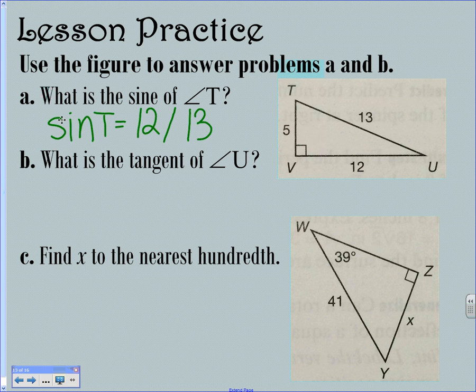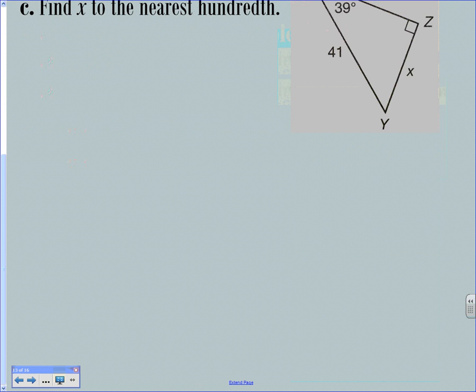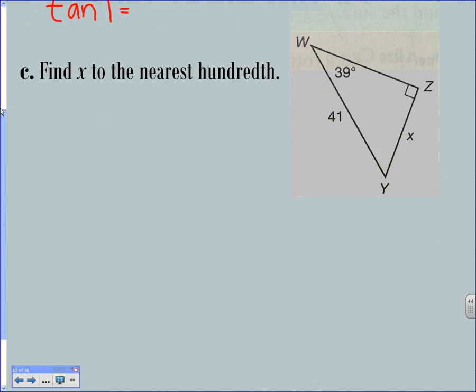Someone else go write the tangent of angle U. Tangent of U. That's going to keep extending the page.